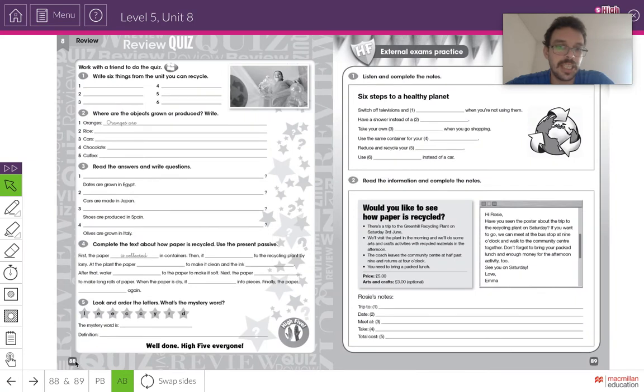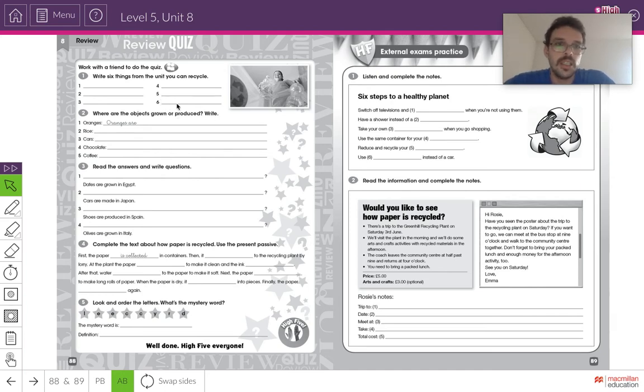Okay, for me it's page 88, right? Unit 8, review. Okay, you should have a review section at the end of the unit in the activity book. So, all right, let's open our activity books to the right page and we can start doing these exercises and revise all of the things that we've learned this unit, okay?